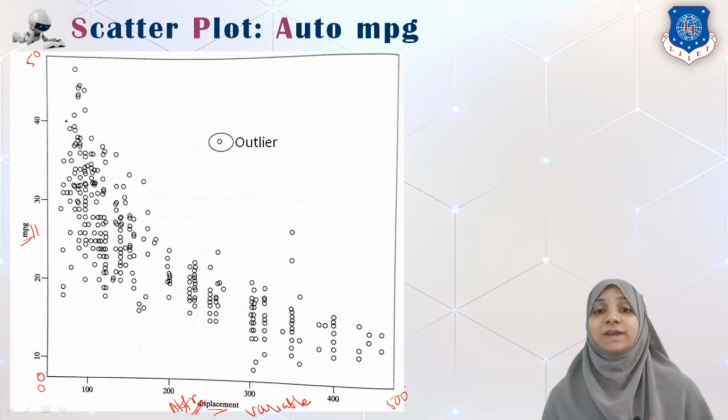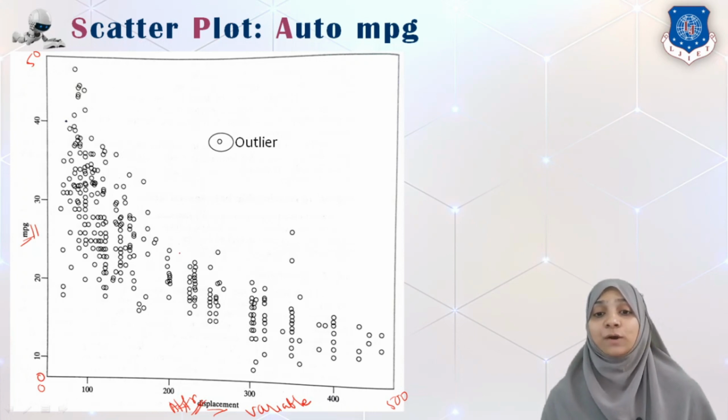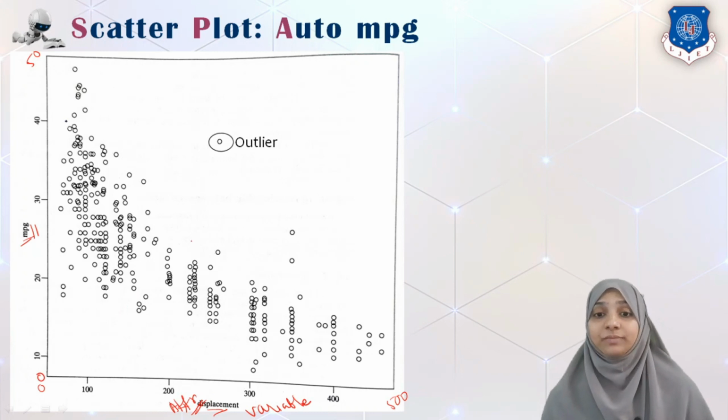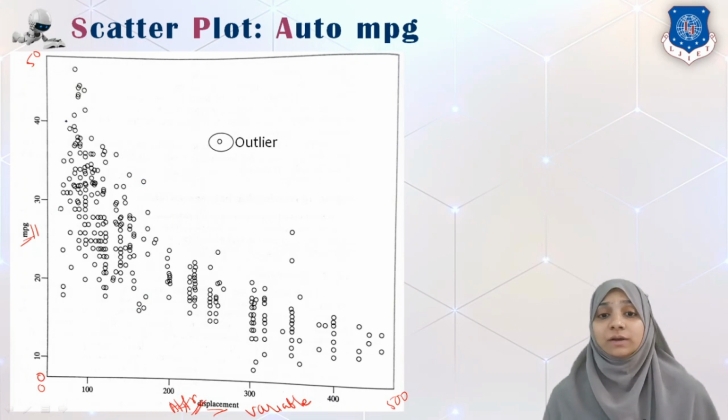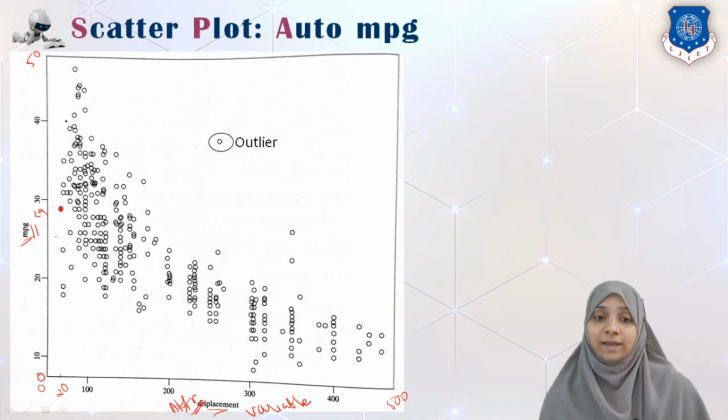We will read out one sample from the given data table and try to plot that sample with the x coordinate from its displacement value and the y coordinate from its MPG value. Say, for example, this particular sample has its displacement at value 20, say, and its MPG value at say 29.